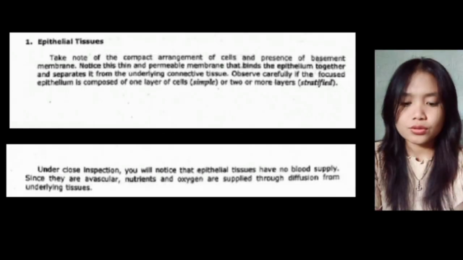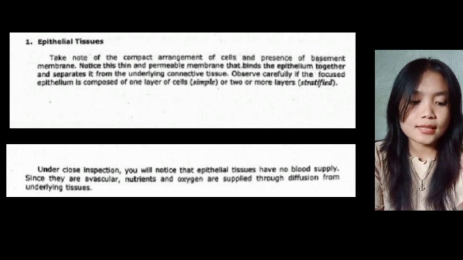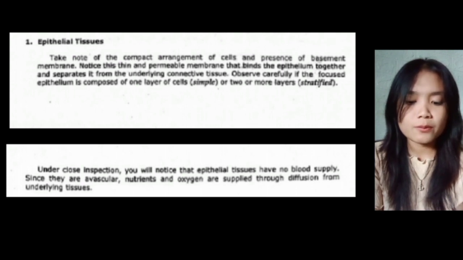Epithelial tissues. Take note of the compact arrangement of cells and the presence of a basement membrane. Notice this thin and permeable membrane that binds the epithelium together and separates it from the underlying connective tissue.